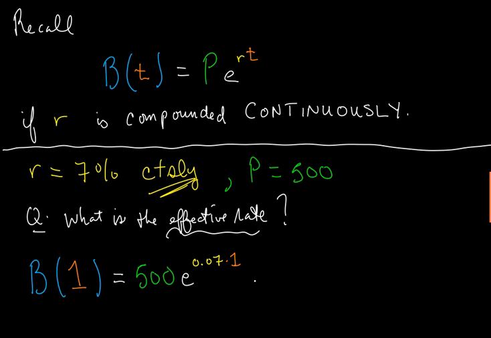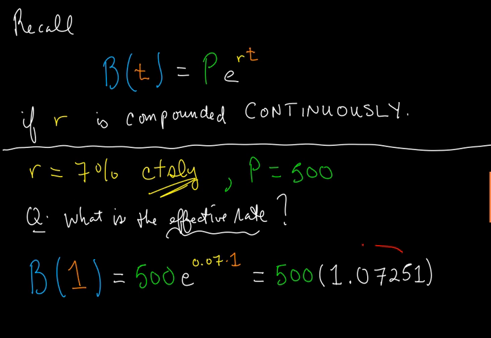Turns out that that's equal to 500 times 1.07251. All right, so it's kind of similar to what we had before, but you can see the numbers are actually different. And of course, it's because we're compounding continuously as opposed to biannually.